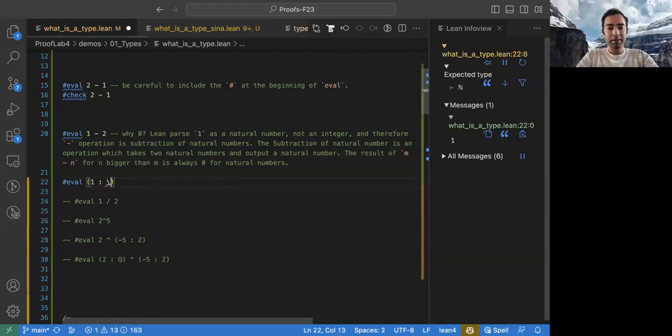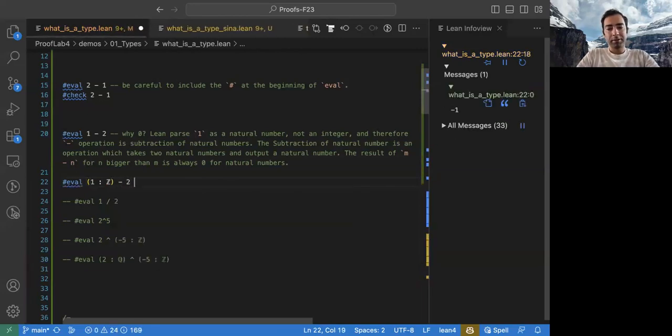I think in either case, so you see, now you get negative 1. As you said exactly, first we cast 1 to be an integer.